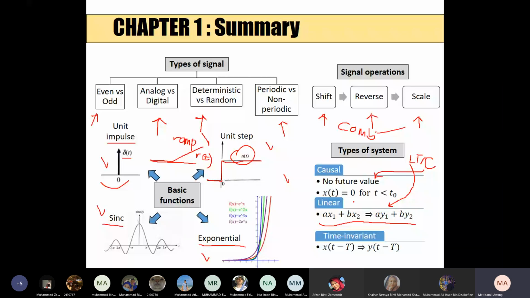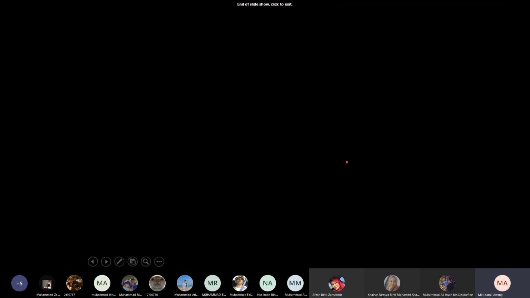So x of t equal to 0 for t less than t naught. And TI is time invariant: a shift in x will produce a shift in the output, with the same amount of time shift. Clear, simple.